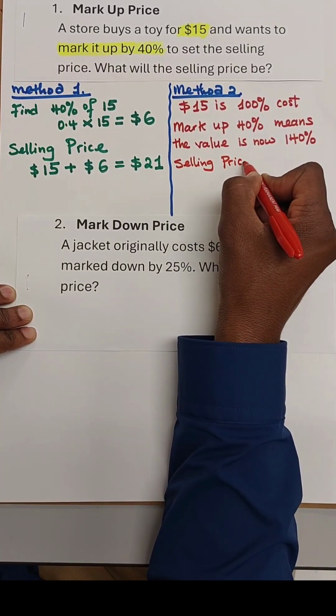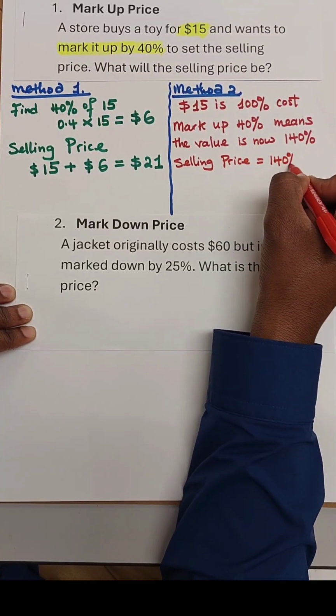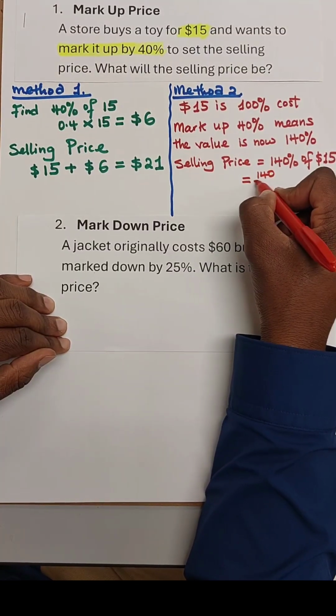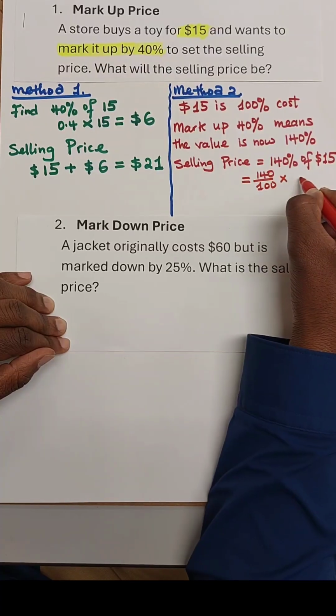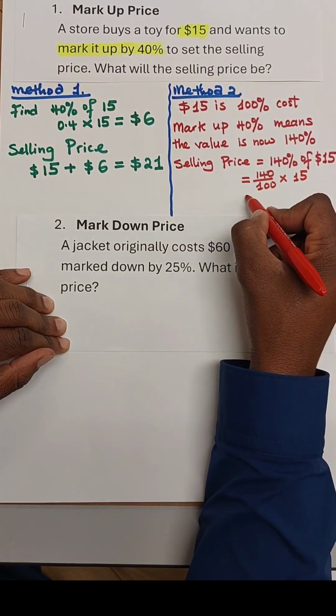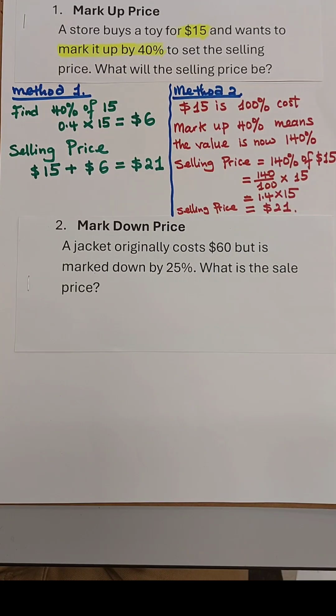The selling price is now 140% of $15. 140 over 100. The word of means multiply by 15. So this is the same as 1.4. Use whichever method is easier.